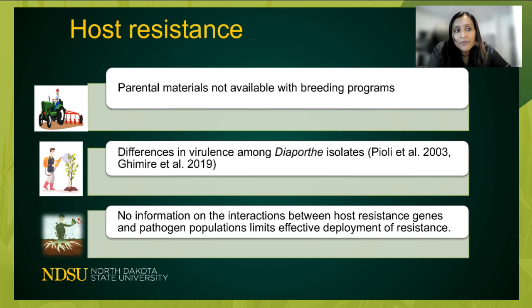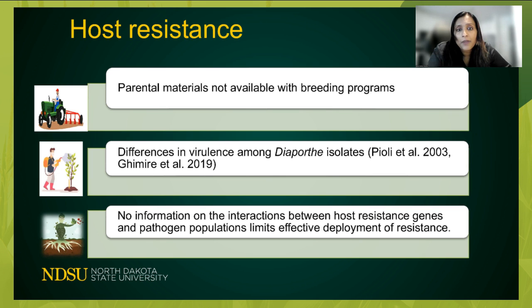The reason we took this up is, one, we know parental materials may not be available with the breeding programs. Another reason is that there could be differences in how isolates within the same organism can behave. There have been some studies done in 2003 and then in 2019 out of my program. And currently we don't have much information on the interactions between these resistance genes and the pathogen population.